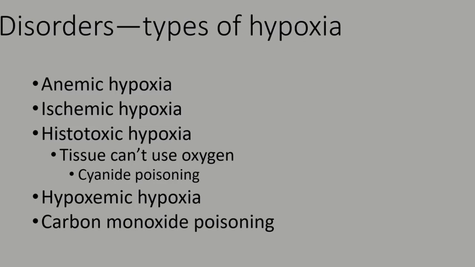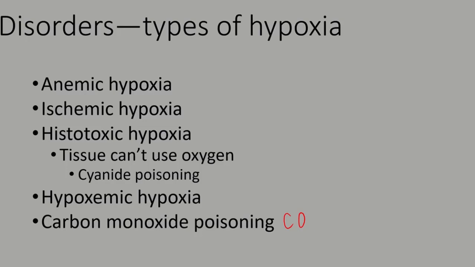And the last one down here, carbon monoxide poisoning. And I included this with the types of hypoxia because it relates. Carbon monoxide, which is CO, not CO2, CO. Carbon monoxide is a molecule that likes hemoglobin more than any other gas. When carbon monoxide is available, it will bind with hemoglobin so that oxygen cannot.